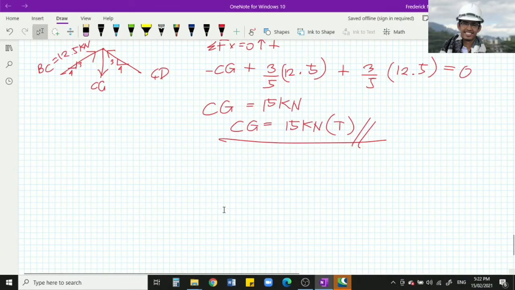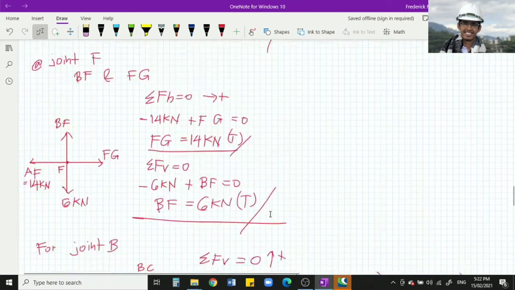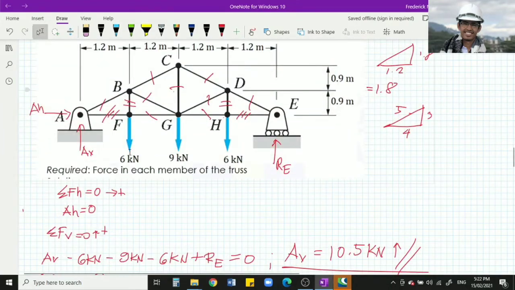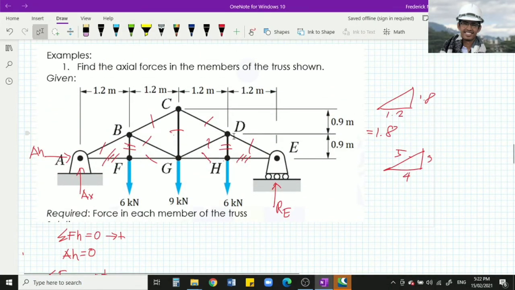So i-summarize natin yung mga answer natin. So mas maganda na i-tabulate natin yung sagot natin para mas makita natin yung mga values ng ating forces ng ating mga members, okay? So yung mga member natin, so that will be AB, BC, CD, DE.